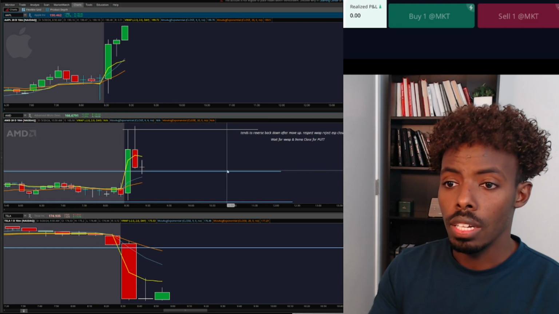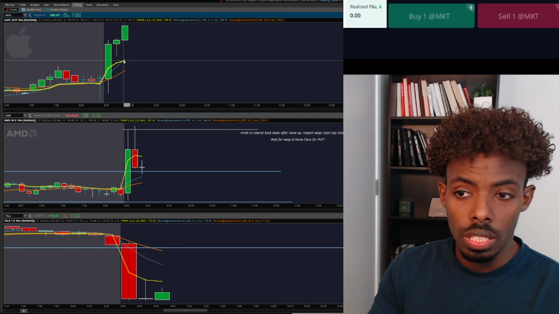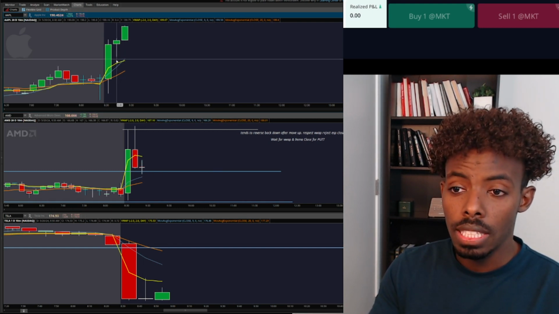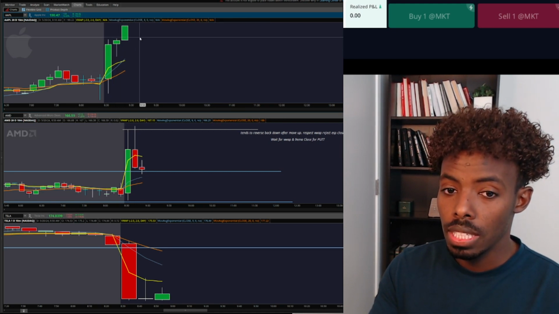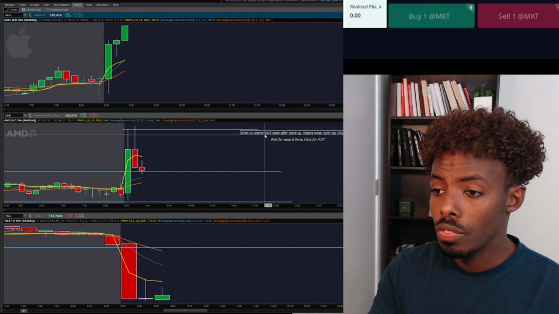Okay, done. This one, yeah, this is a really nice one. Yeah, it maintained its direction. It could still reverse by a similar setup to this one, but this one still maintained its tendency to reverse back down after a move up.